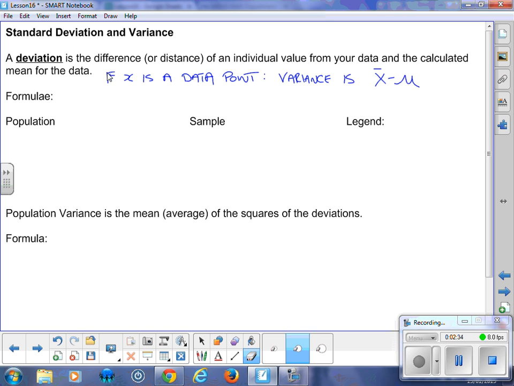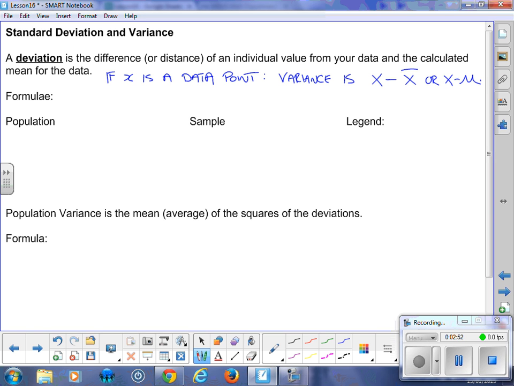That shouldn't be X bar, that's my mistake. So it is my data point minus X bar, which we calculated yesterday, or it'll be X minus mu, and I'm going to talk about what that Greek letter represents in about 2 seconds.